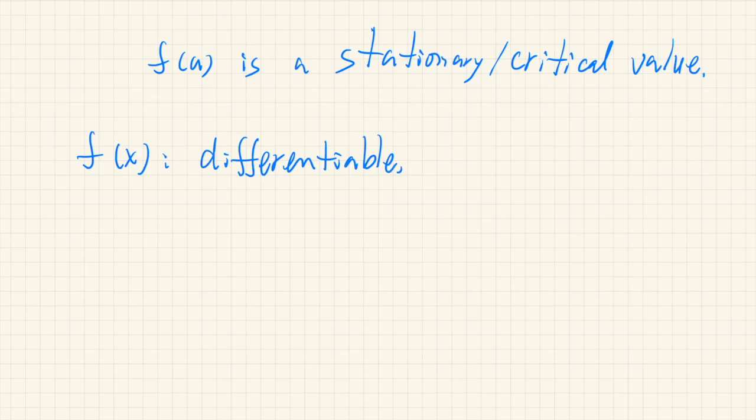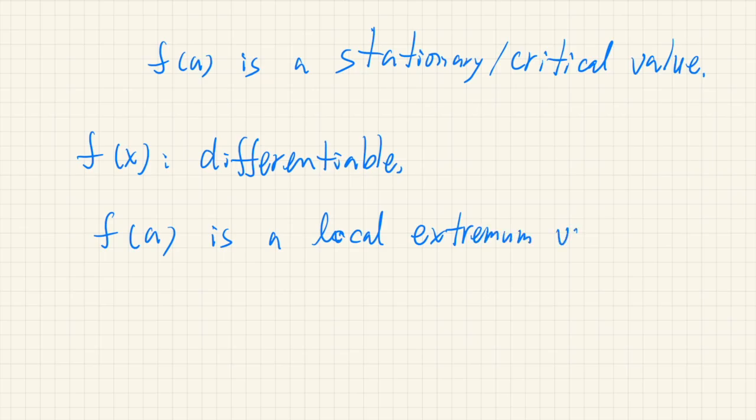If f of a is a local extremum value, that means local maximum or local minimum, then f prime of a is equal to 0. So it is a critical point or stationary point.